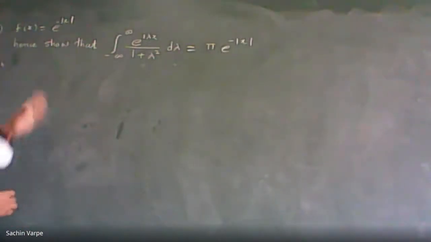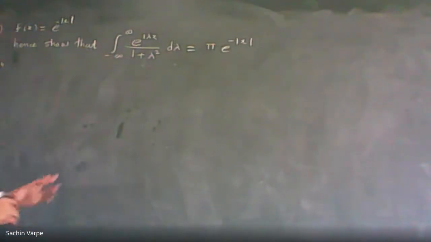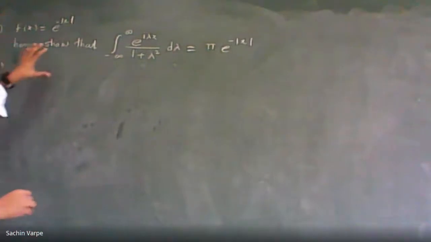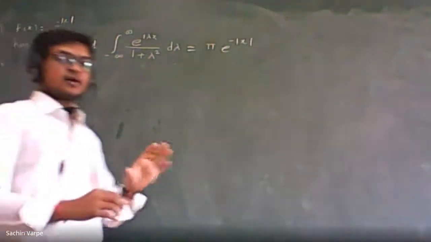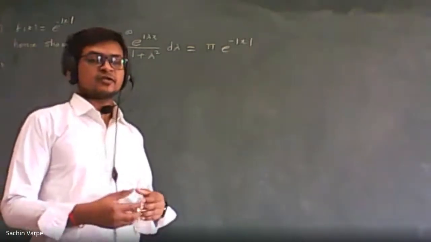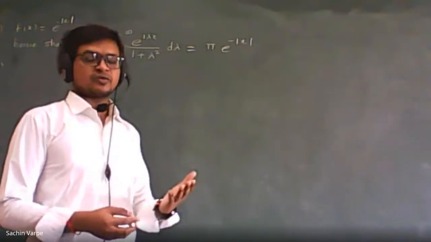So before starting with the actual solution, let me again recall the formula. We have been asked to evaluate the Fourier transform, not in particular the Fourier sine transform or Fourier cosine transform, so the choice is ours.